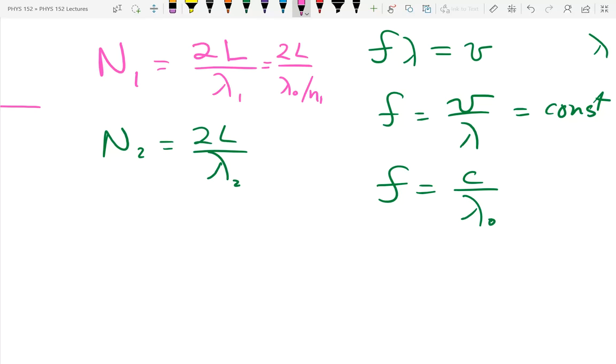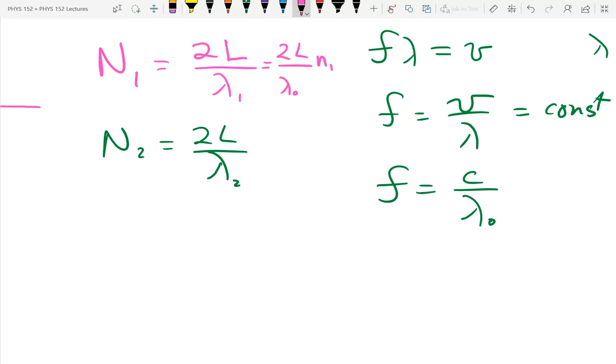So I can finish out these equations. Didn't give myself enough space. Nobody likes to put divided by. That's kind of ridiculous. Instead, we just put it on top. So the number of wavelengths that fit in my cuvette in index refraction 1, which was air, is 2 times the length of my cuvette over the wavelength in vacuum times n1, the index refraction in air, which is what we're looking for.